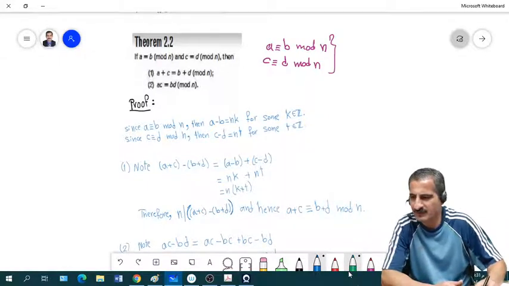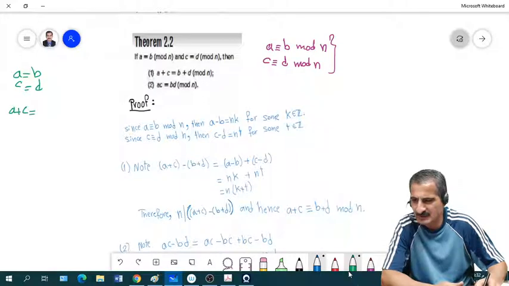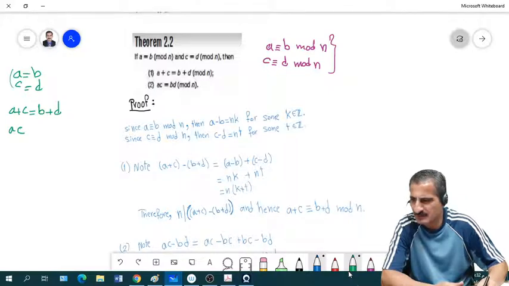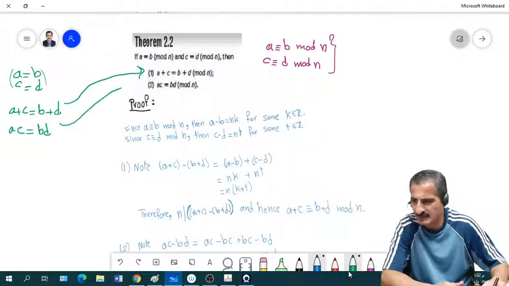If we have integers, if we have a equals b, c equals d, then adding, we will have a plus c equals b plus d, correct? And if we multiply, we get ac, multiply these two integers, and then these two integers, we will get an equality, which means equals bd. So same thing applies here. This is analogous to 1 and this is analogous to 2.